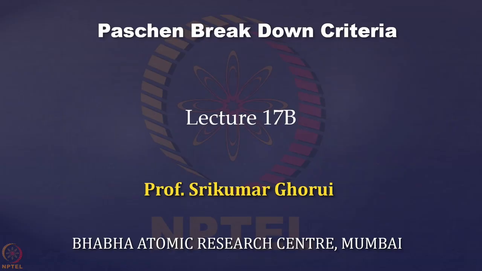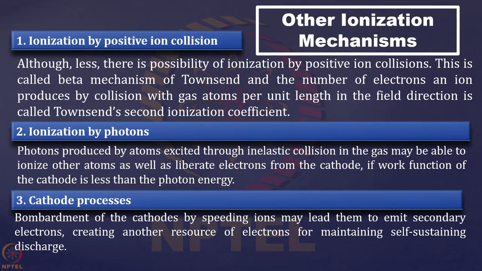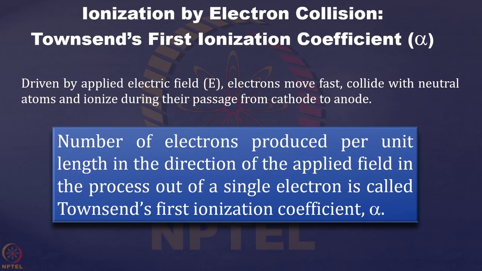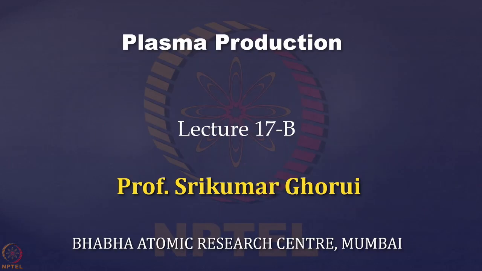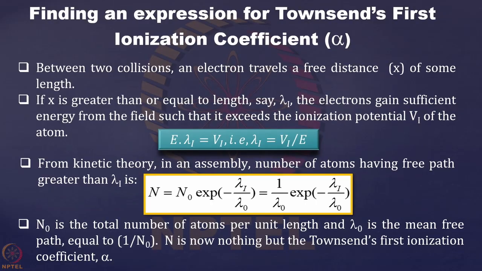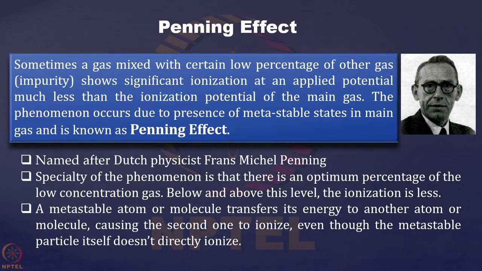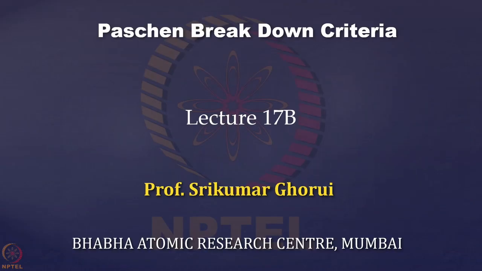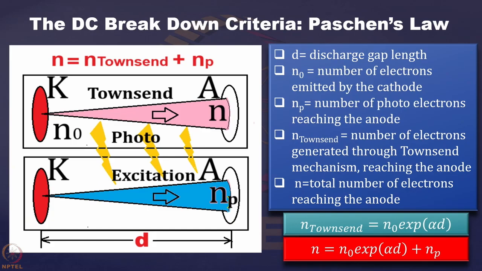Now, there is something we should discuss more in our next class, so I'll just give you some hint on that. As part of this class, I'll just continue. I am explaining the DC breakdown criteria.